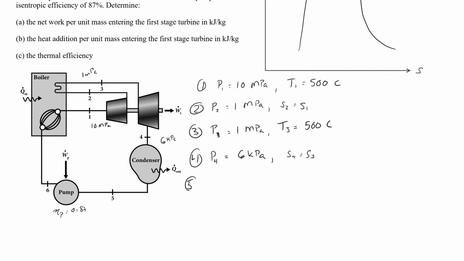Okay, at state 5, my pressure has not changed from 4. And I also know that I want a saturated liquid entering the pump. All right, at state 6, I will have compressed that liquid back up to the boiler pressure of 10 megapascal. And now I've got a compressed liquid.